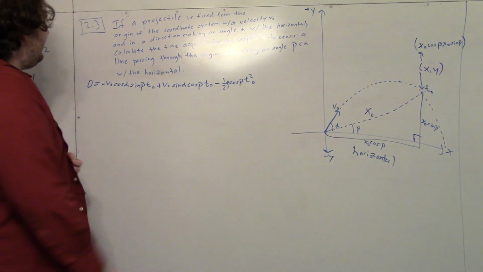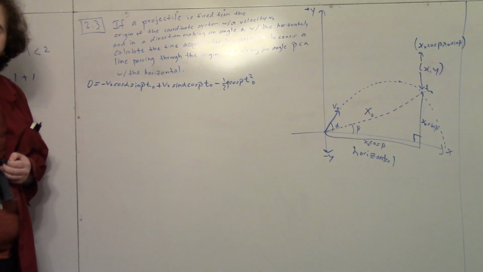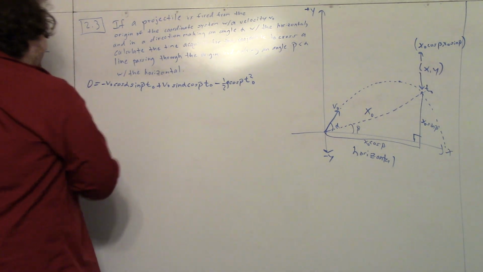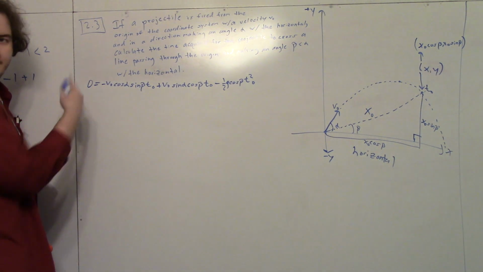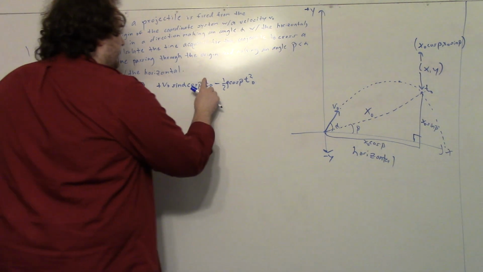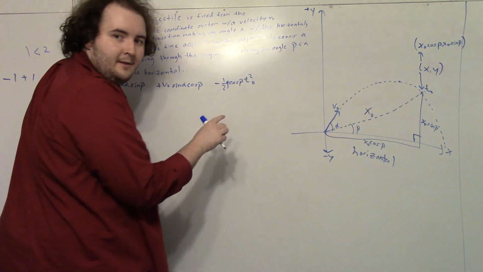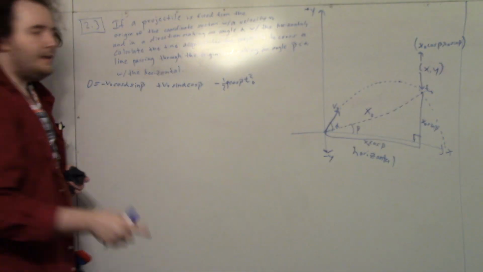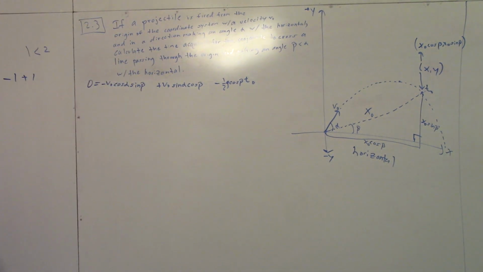So can I divide both sides by T naught? Yes. 0 divided by T naught is 0, so this goes away. T naught squared divided by T naught is just T naught. So we only have one term with T naught, and a 0 on the other side.